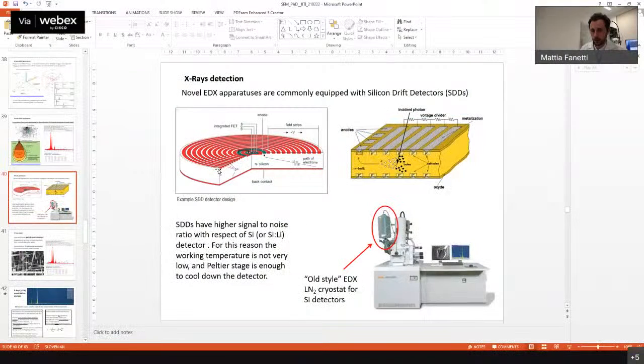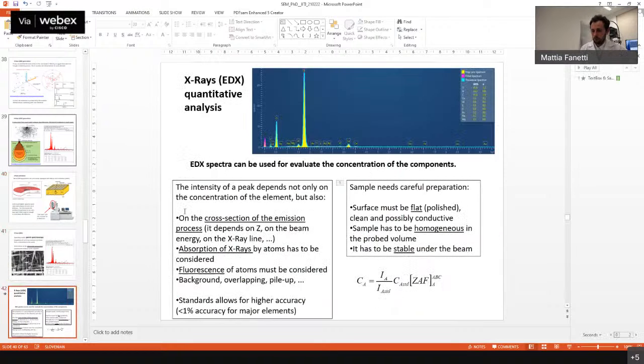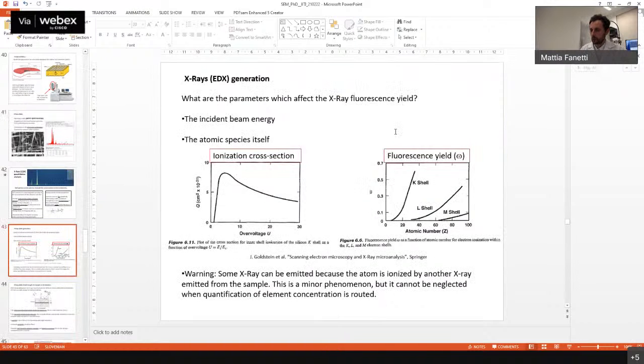So what are the factors which affect this? Okay, let's go step by step. First of all, what is the probability that an atom is ionized and then that it relaxes by emitting a photon? The ionization cross-section tells you the probability that an atom gets ionized by the incident electrons.